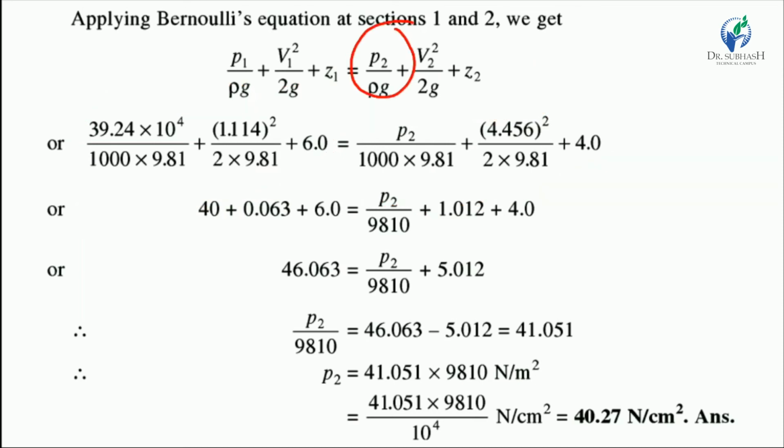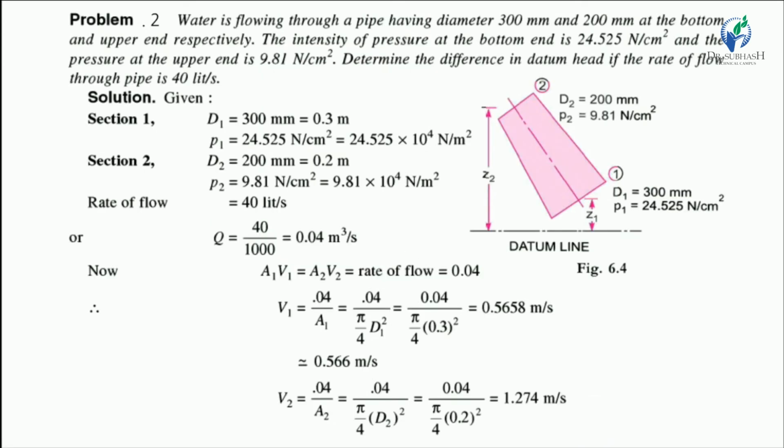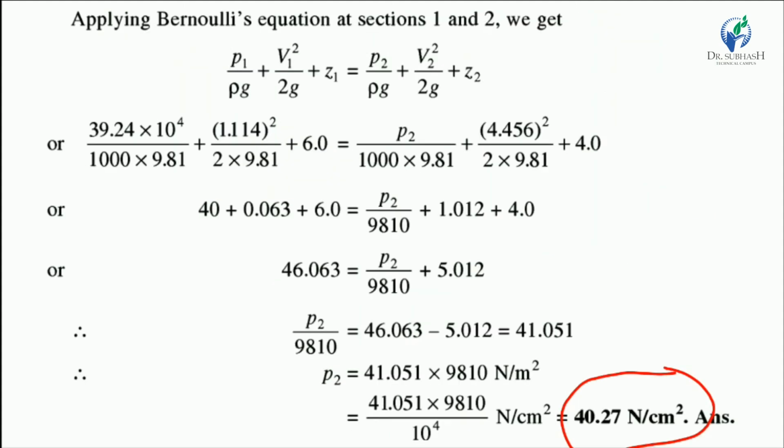Only P2 is unknown, so we can get the value of P2 after solving this. P2 is 14.27 Newton per centimeter square. We get this value by Bernoulli's equation.